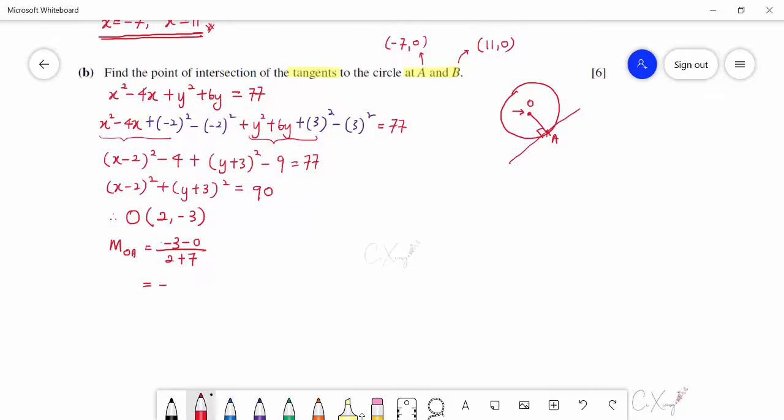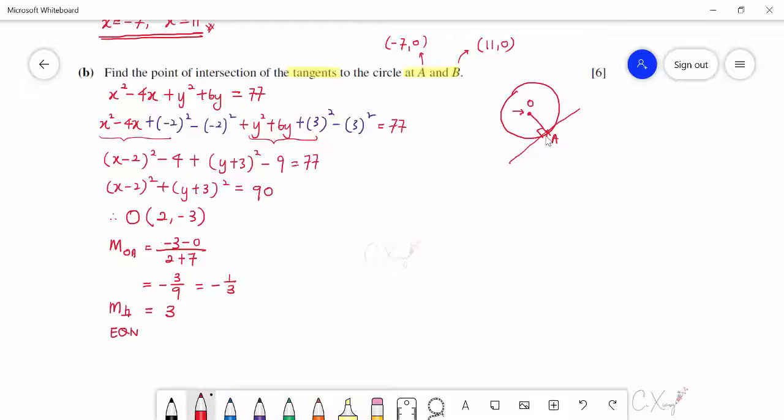Sorry, the y should be 0. So the gradient is 3 over 9, which equals 1 over 3. Since the tangent and OA are perpendicular to each other, the gradient of the tangent multiplied by the gradient of OA equals -1. Therefore, the gradient of the tangent will be 3.